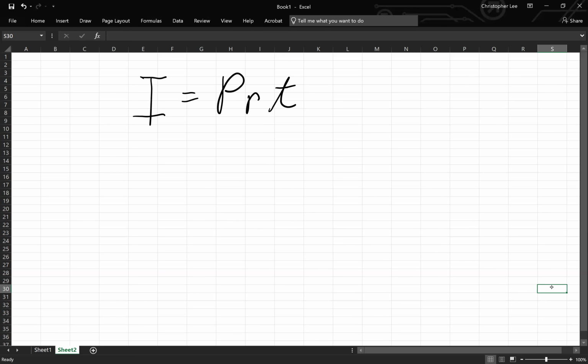But I don't know what rate I'm receiving. I don't know if this is actually a good investment or not. I want to solve for R. So over here, solve for R. So I want the answer to be like R equals something something.